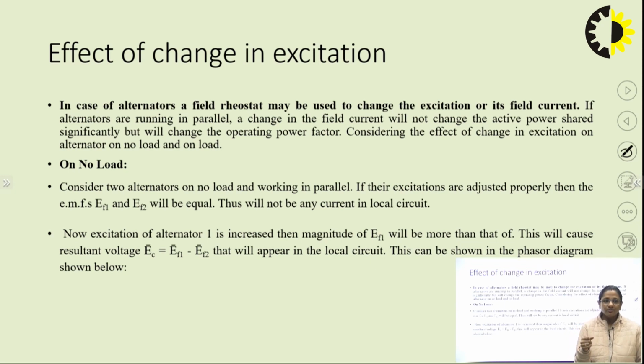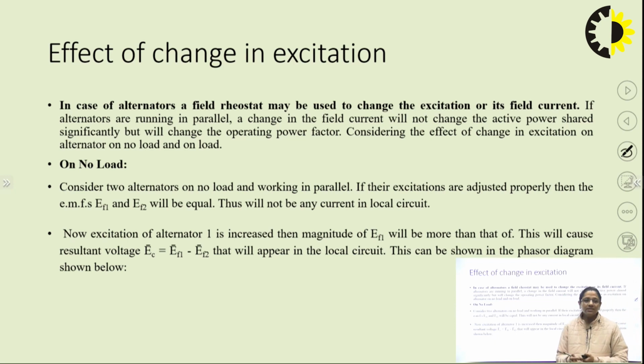The second input is the field excitation given to the DC field winding, which is provided over the rotor of the machine. So, what we are discussing is, if we vary any of the two inputs given to the alternator, what is the effect of this variation upon the operation of the alternators which are connected in parallel.